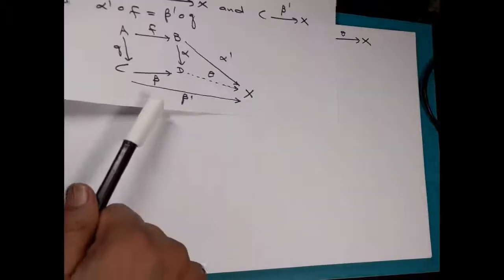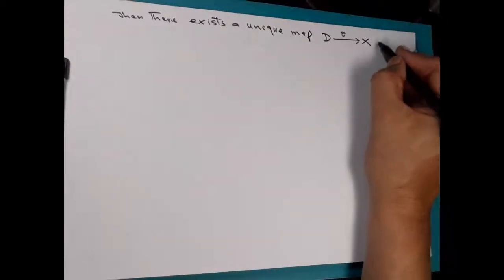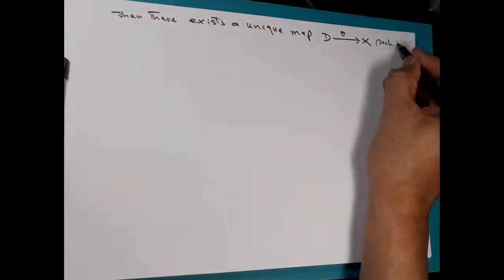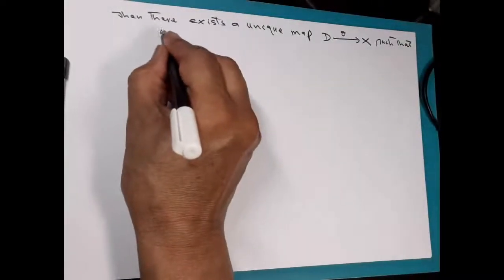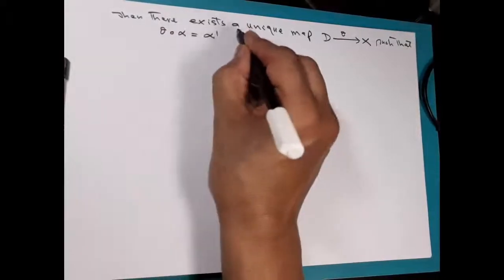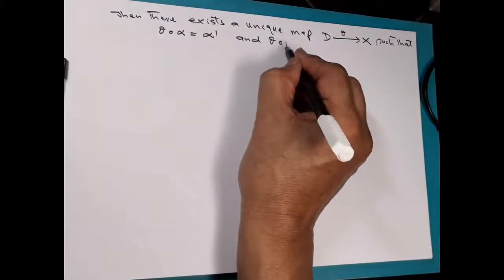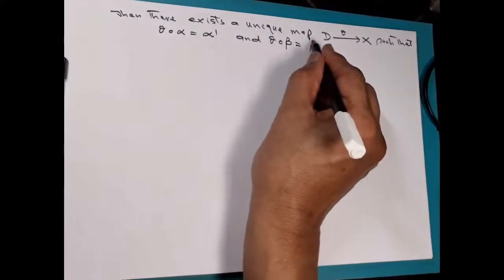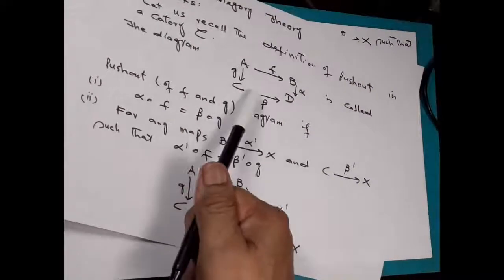So there is a unique map from D to X such that theta composed with alpha is equal to alpha dash and theta composed with beta is equal to beta dash. If these conditions are satisfied, then this particular diagram is called a push out diagram.